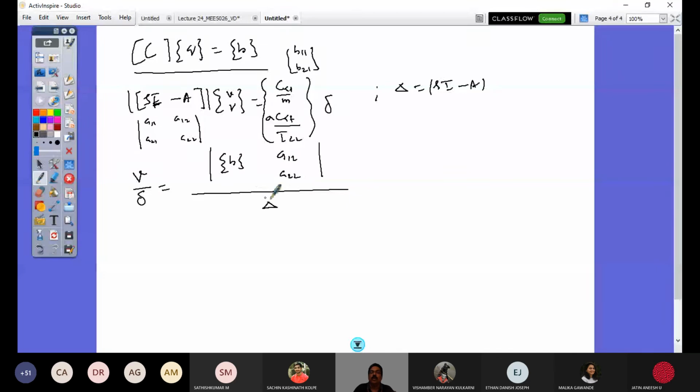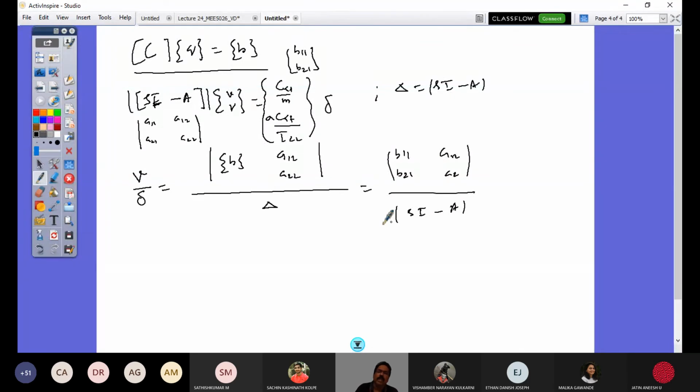So this determinant is divided by the determinant of sI minus A. Here I now have the characteristic polynomial, one polynomial as a function of s. If you look here, this order will be less than or equal to that order. Here I have an s squared term, and here I would have a first order algebraic expression in s.